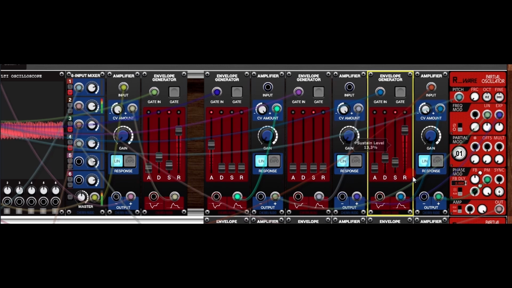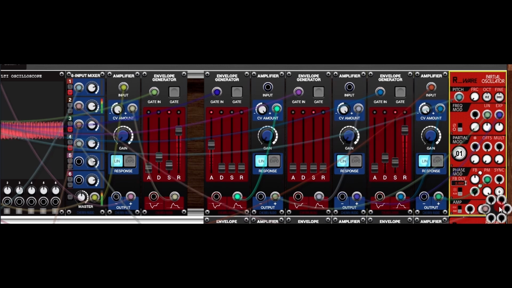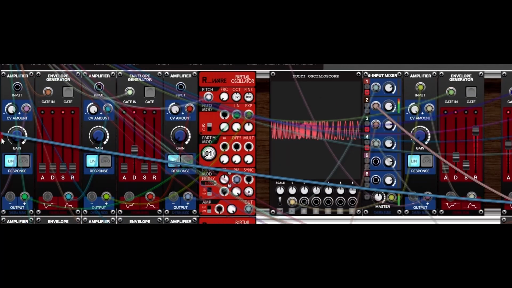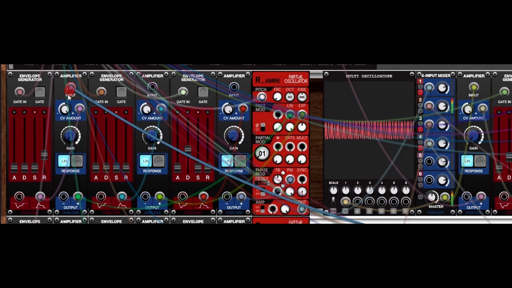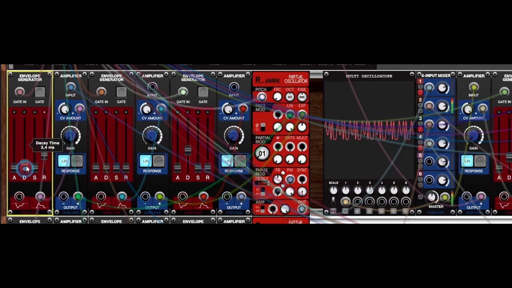I patched the output of operator 2 to, let's say, the linear FM input of operator 1 and adjusting the envelope. Okay, well, things have begun to be more interesting now, I think.